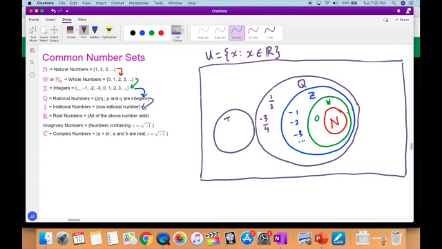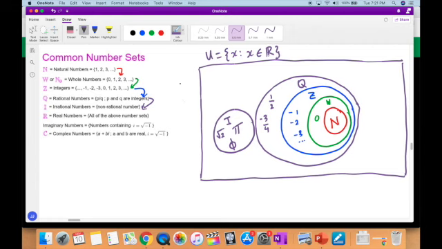These are my irrational numbers, like the root of 2 or pi or anything like that. Phi even is an irrational number, right? The irrational numbers are in the universal set of real numbers, but they are not included in the rest of these sets here.